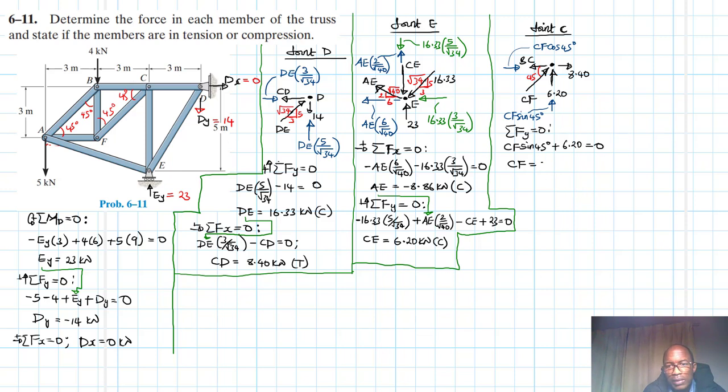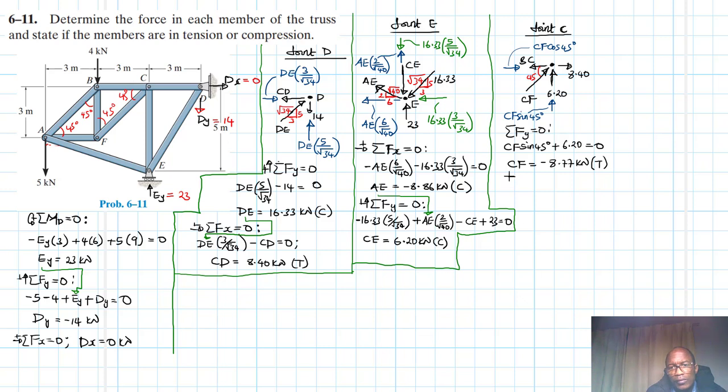So this gives us a minus 8.77 kilonewtons, and therefore the direction simply means this is going to be in tension.